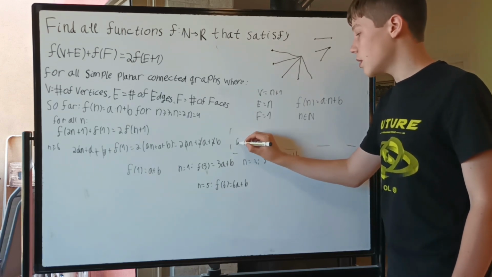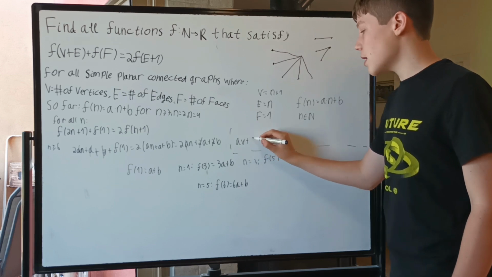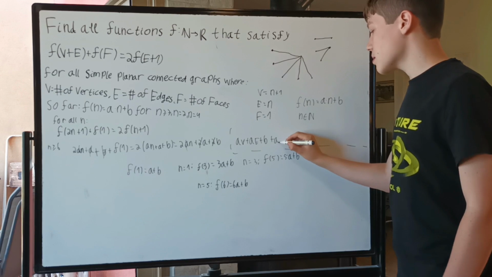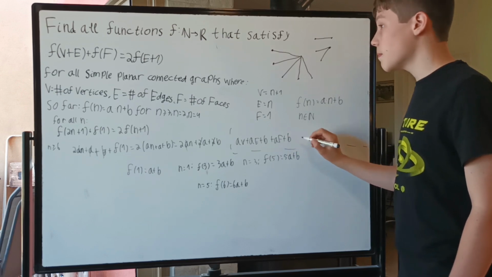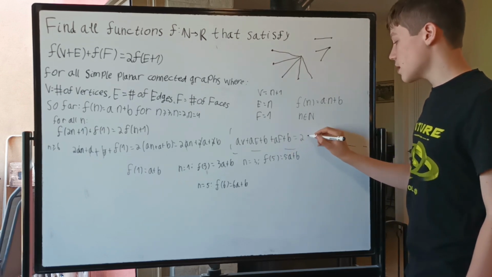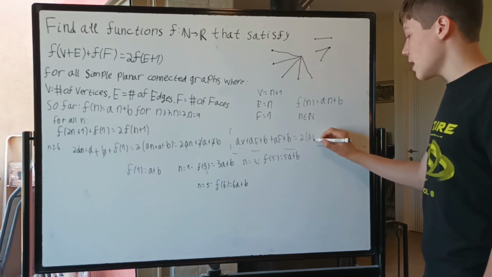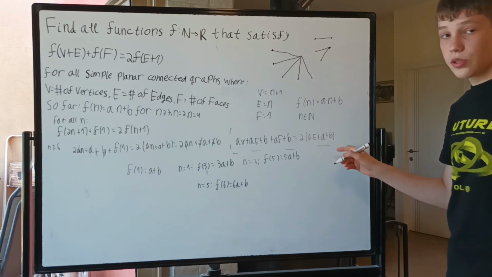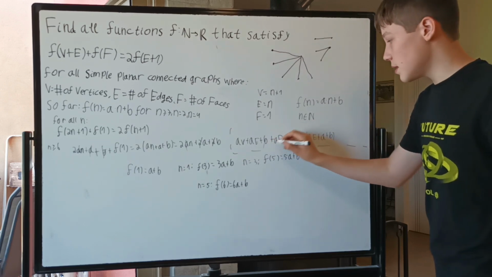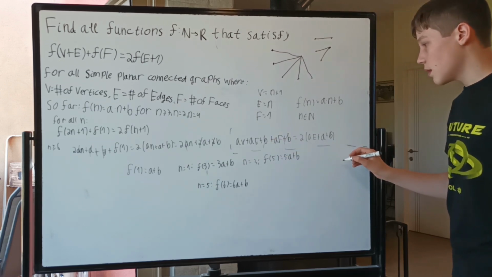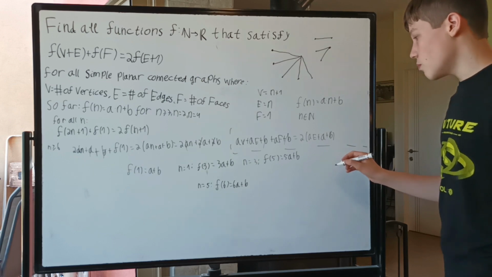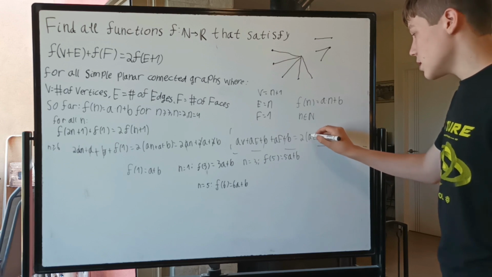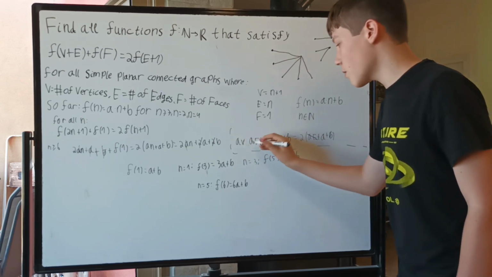We'll have aV plus aE plus b plus aF plus b is equal to 2 times aE plus a plus b. So here we'll have 2b, and here we'll have 2b, so that cancels out. And we get, here we have aE, here we have 2aE, so we can erase this and put here a minus sign.